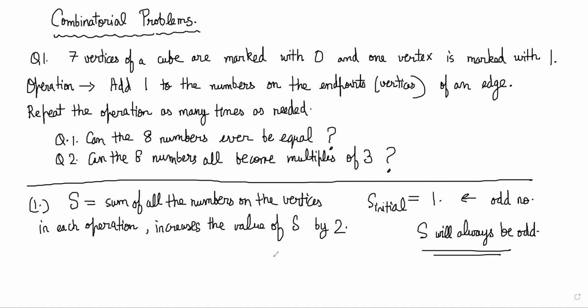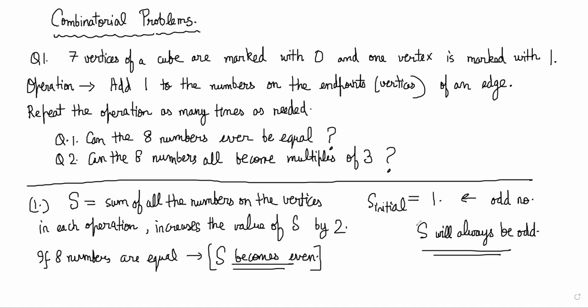So if the 8 numbers are all equal, then S should become even, because then S is divisible by 8. We know that S will always be odd, and in this situation S is becoming even, which is a contradiction.